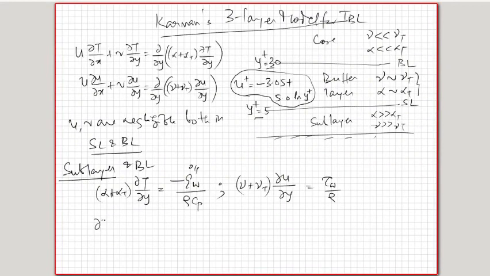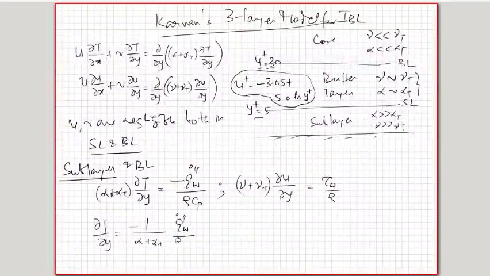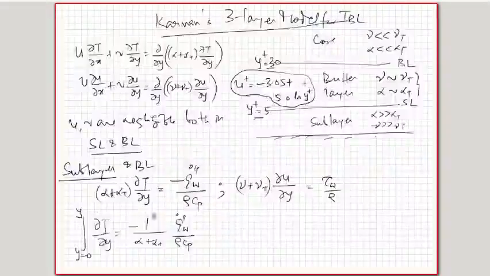So del t by del y is equal to minus 1 by alpha plus alpha t into q dot double prime wall divided by rho Cp. I integrate this from y equal to 0 to any y in this region.